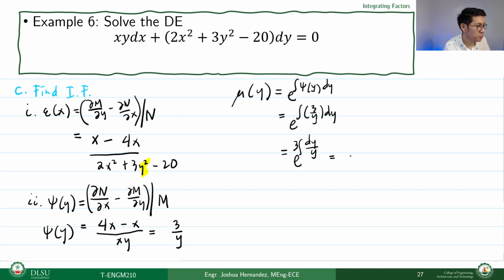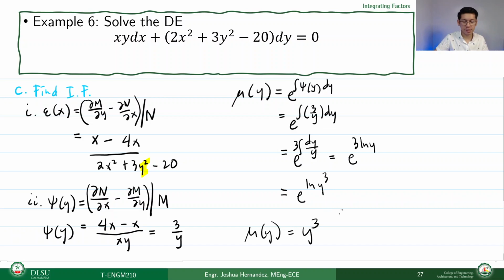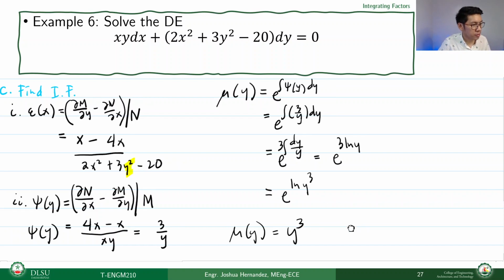So, obviously, this becomes e raised to 3 ln y, which by properties of logarithm becomes e raised to ln y cubed. And since a natural logarithm is raised to e, our mu of y is y cubed.